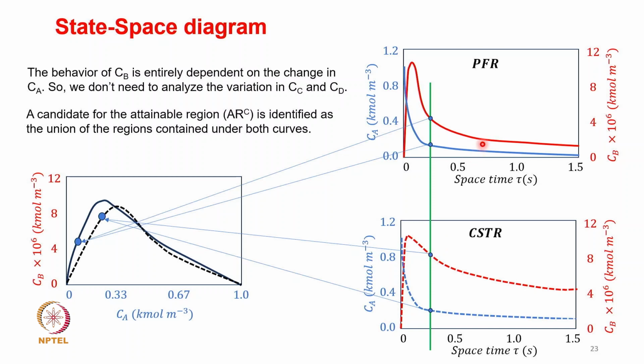So, the key aspect here is that the space time variable has been eliminated. You keep drawing vertical lines at a given space time. What is the concentration of A and B? For the CSTR case, this would be mapped as a dotted point here. That's how you generate these two curves.